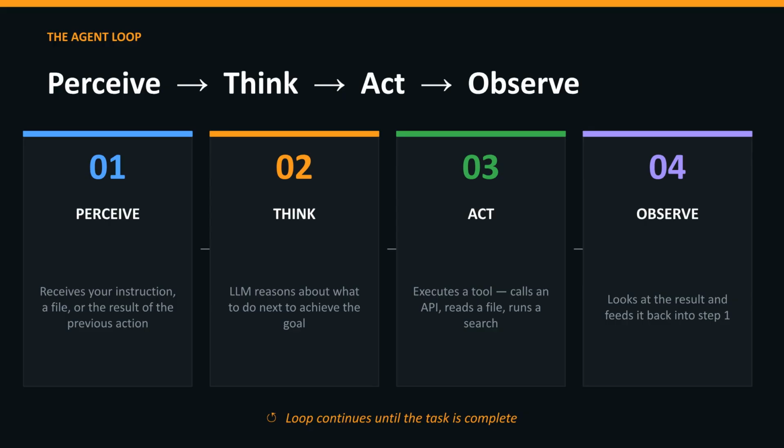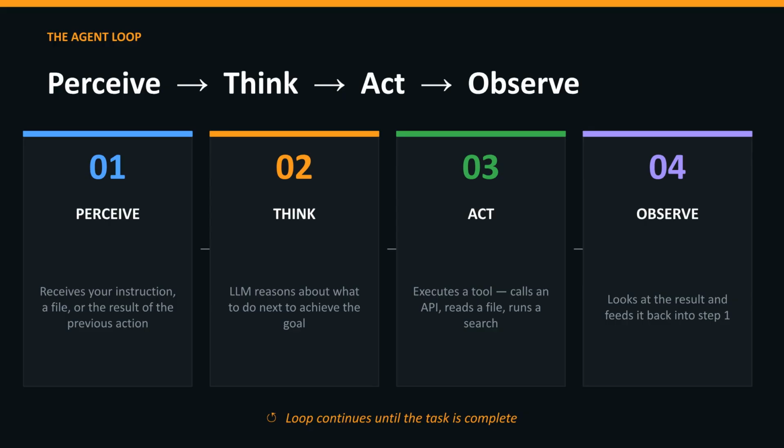The agent runs in a loop, and that loop has 4 stages. Look at the 4 cards on screen. Step 1 is perceive. The agent receives input. This could be your instruction, a file, a database result, or the output from a previous action. Step 2 is think. The LLM reasons about what to do. What is the goal? What do I know?